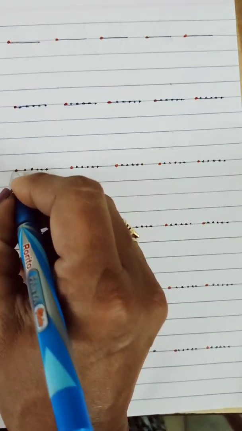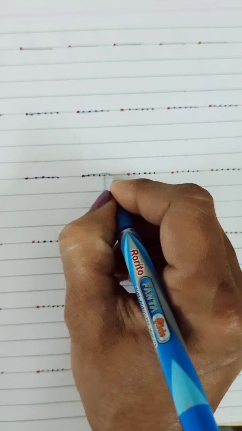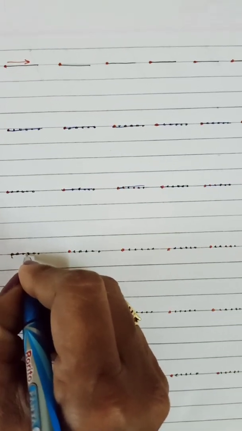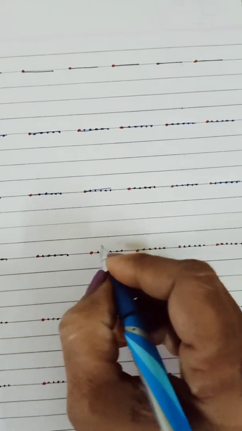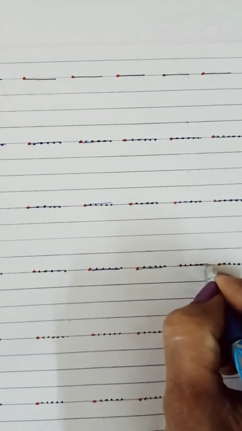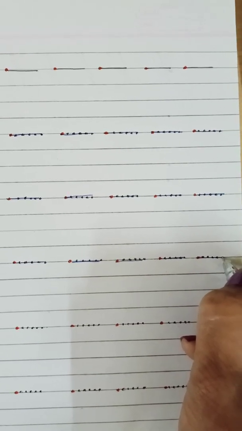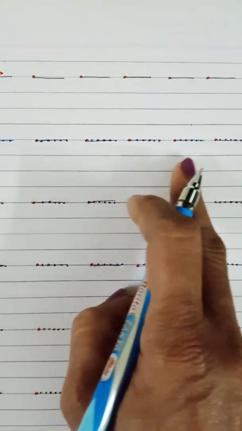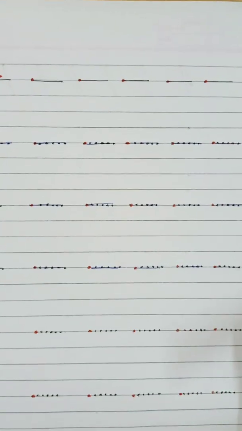From left to right. Left to right. So, in this manner, you must ask your mother to give you dotted lines so that you can draw the sleeping lines with the help of a pencil.